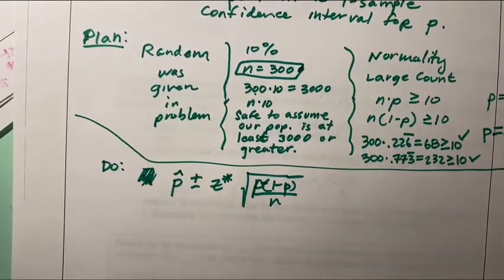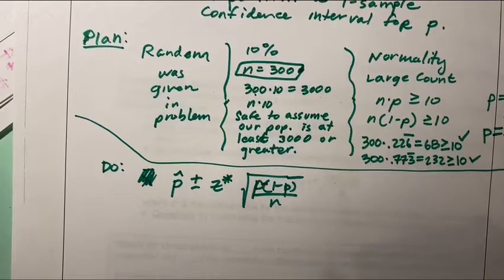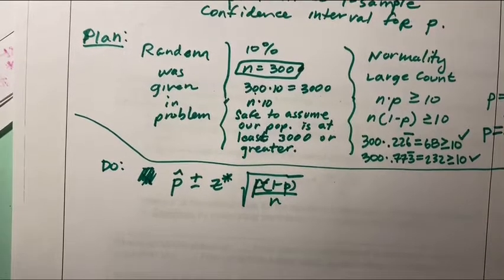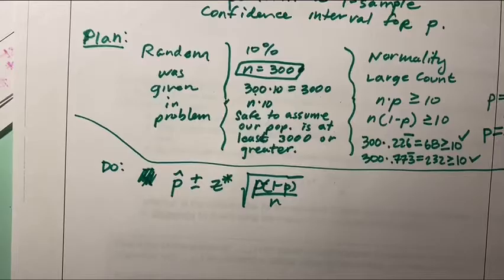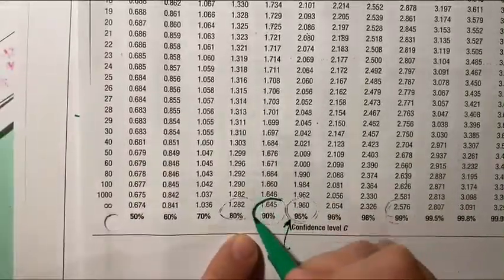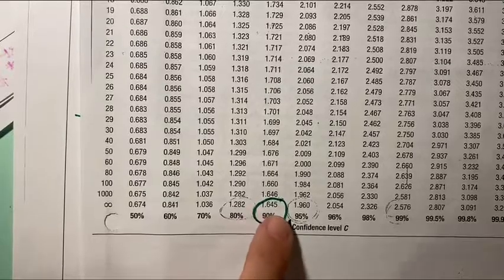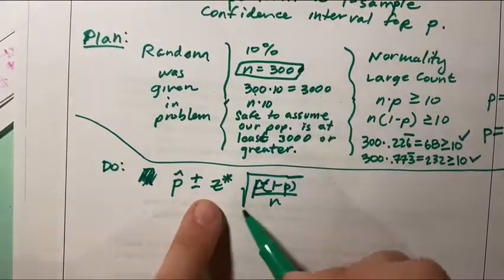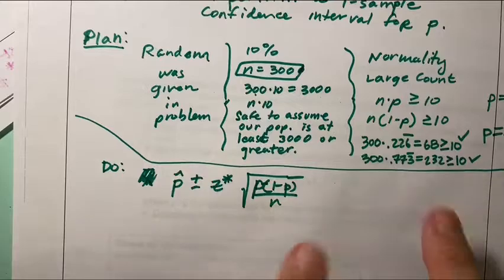I don't have the Z star memorized, oh, but I do have a table B. So what is my Z star? Going down here, my Z star for 90% is 1.645. Do means come up with your formula and plug it in.